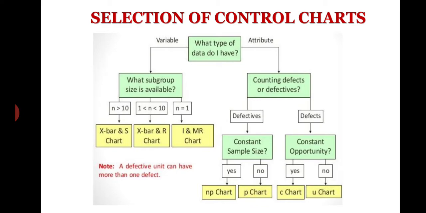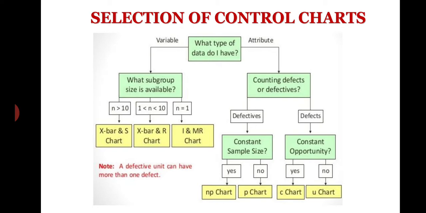So how are you going to select a control chart? It mainly depends on whether you are having variable data or attribute data. If you are having variable data, what is the subgroup size, that is the sample size?